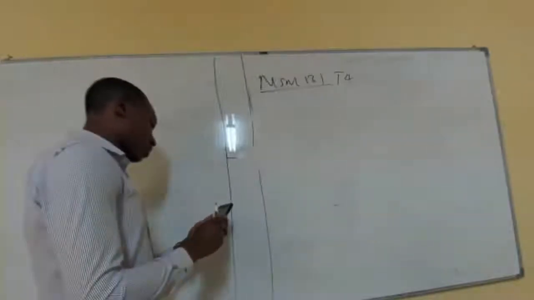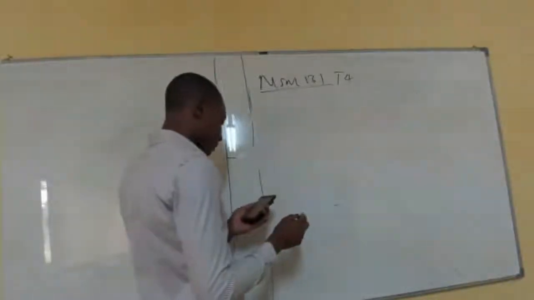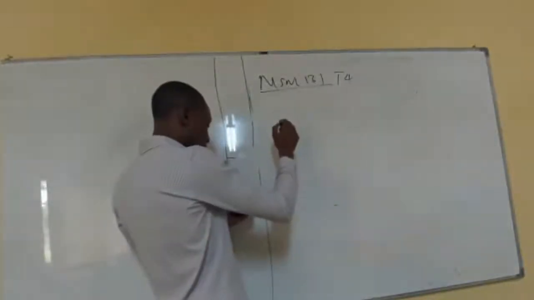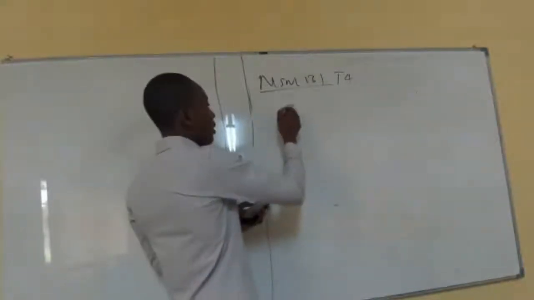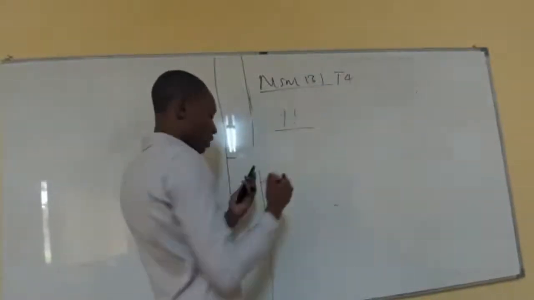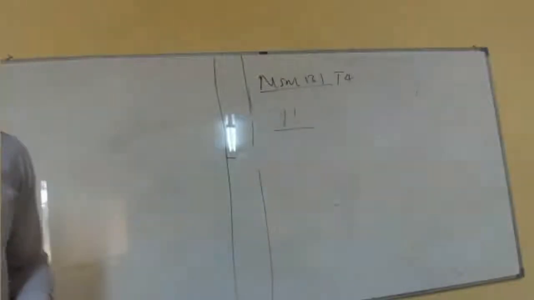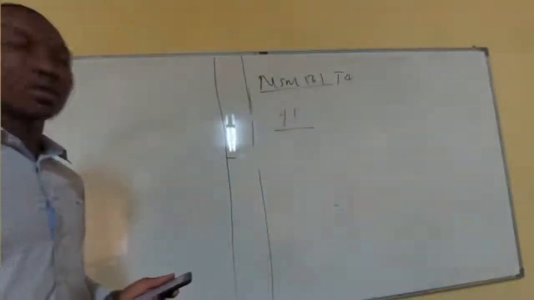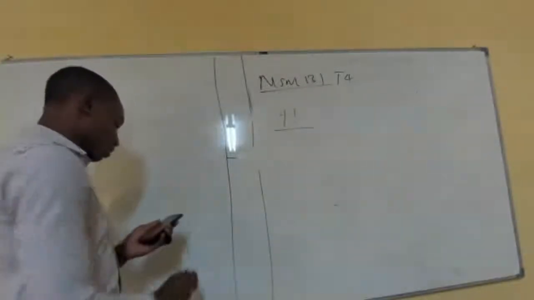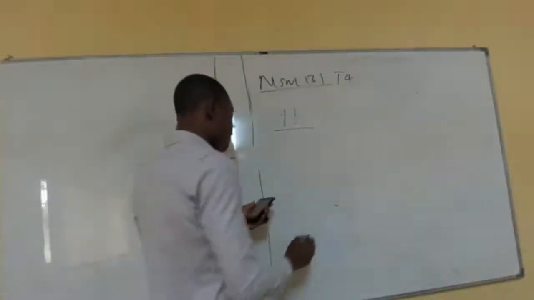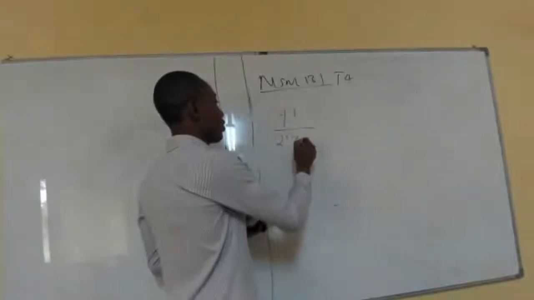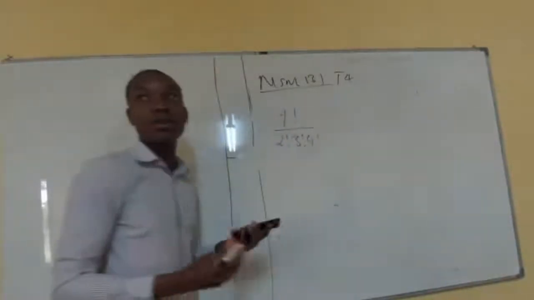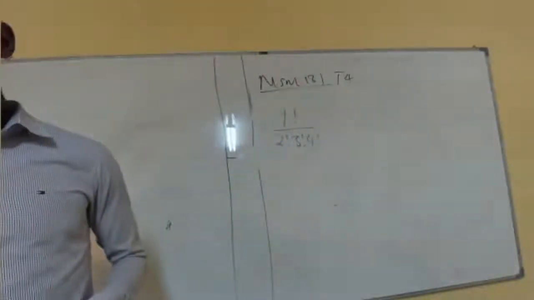Alright, so the next question says 9 factorial over 2 factorial, 3 factorial, 4 factorial.